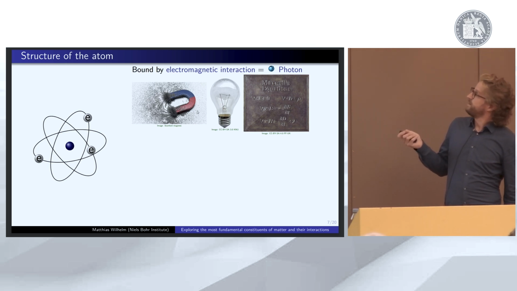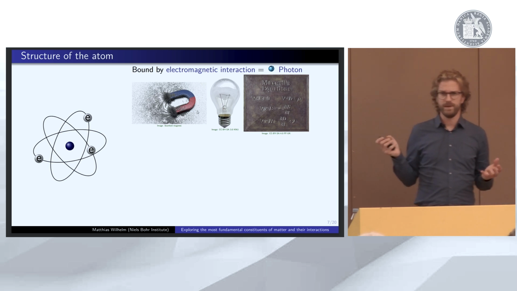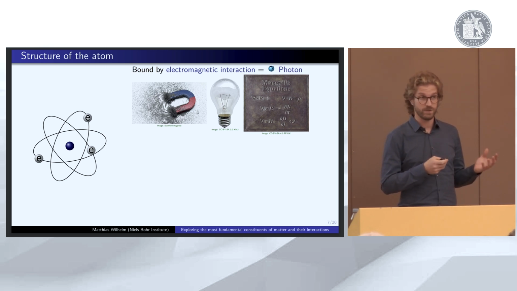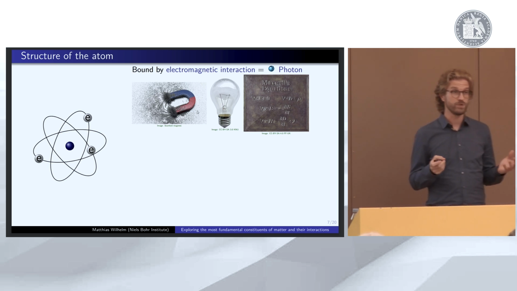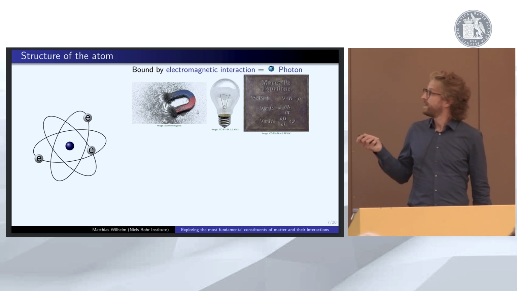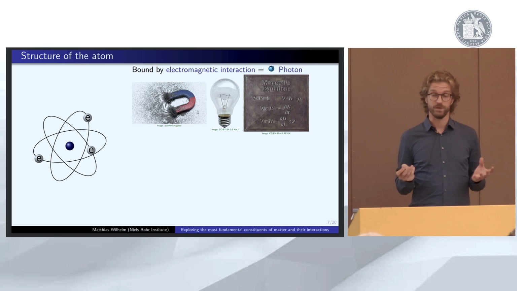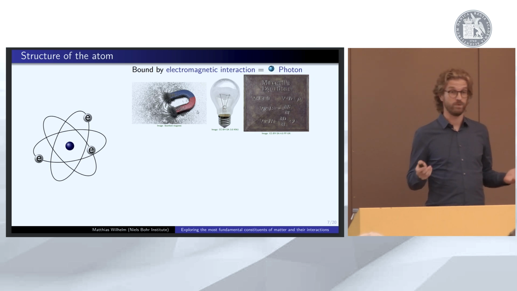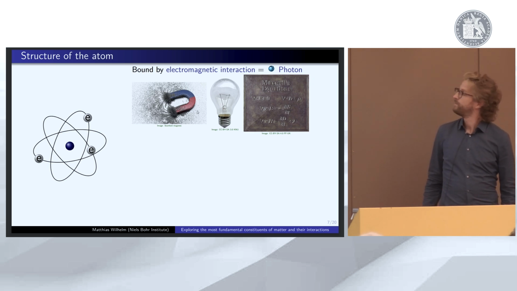But if you combine these very well-tested equations with some other very well-tested equations, Newton's equations of motion, you get something ridiculous. You get the prediction that the electron should just fall into the nucleus. So clearly something was wrong with our understanding.